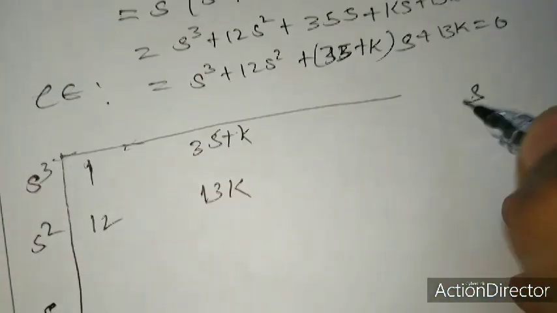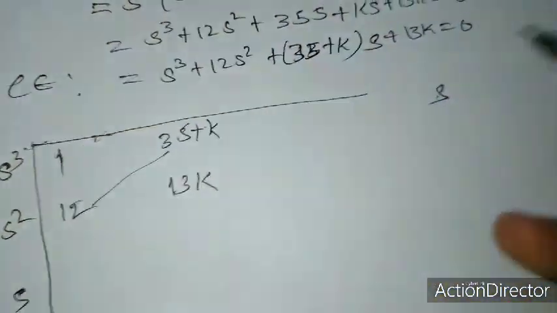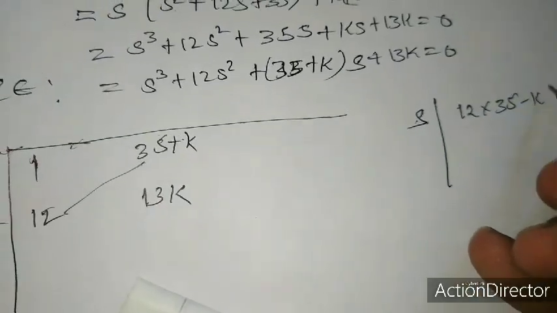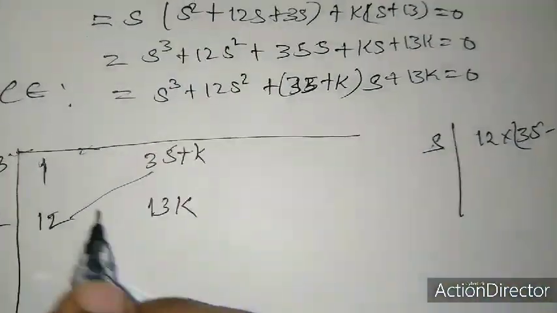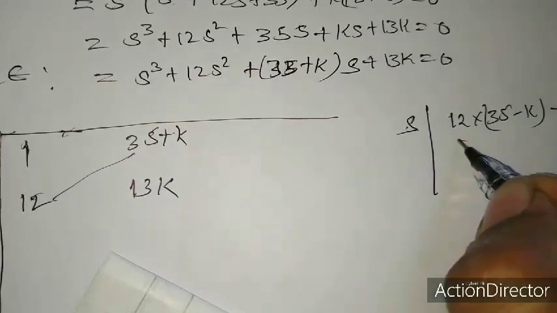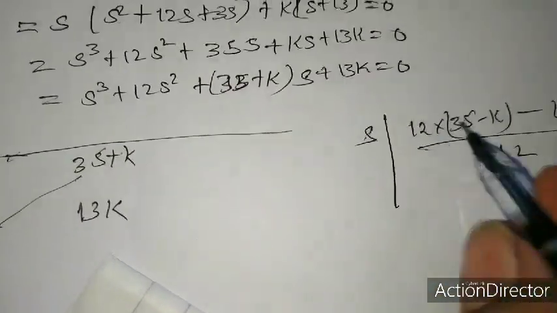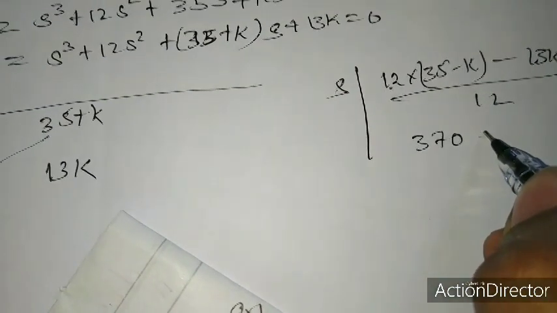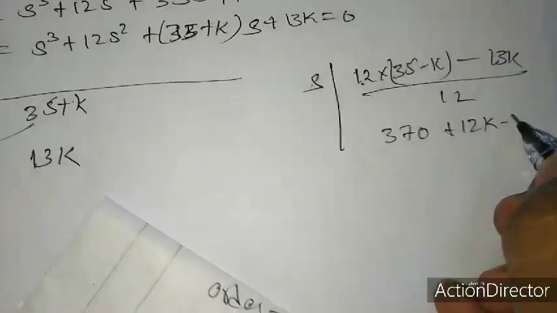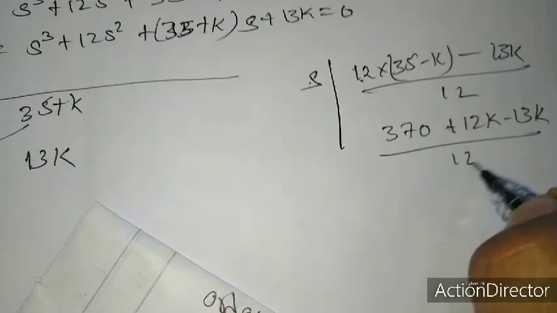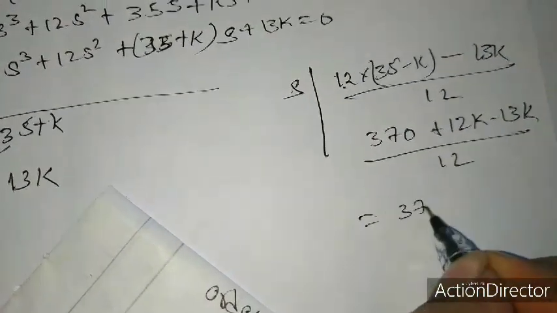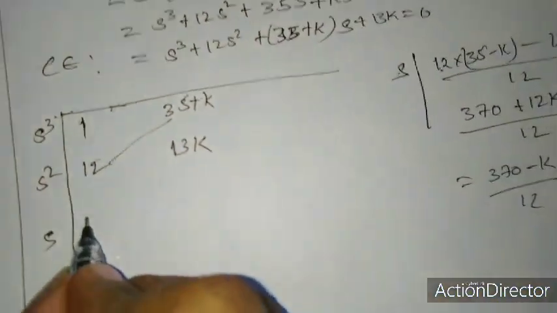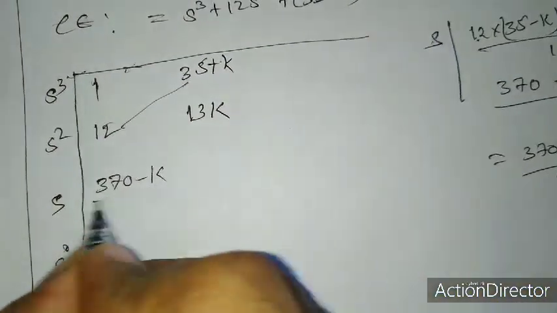It is given by 12 into 35 plus k minus 1 into 13k, divided by 12. So this I'll get 420 plus 12k minus 13k by 12. Overall I'll get 420 minus k by 12.